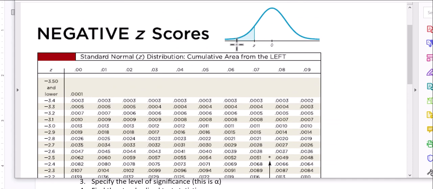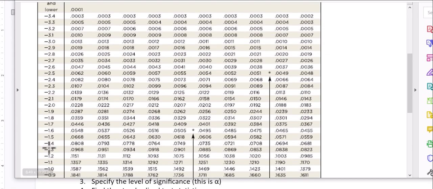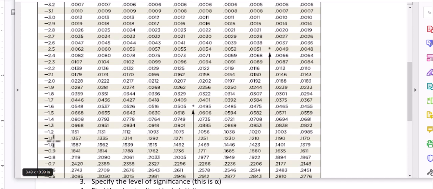And let's look at negative 2.14, because that will give us the same. That will already give us the 1 minus area. So negative 2.14, which is right there, 0.0162. So this is going to be our p-value, right here.